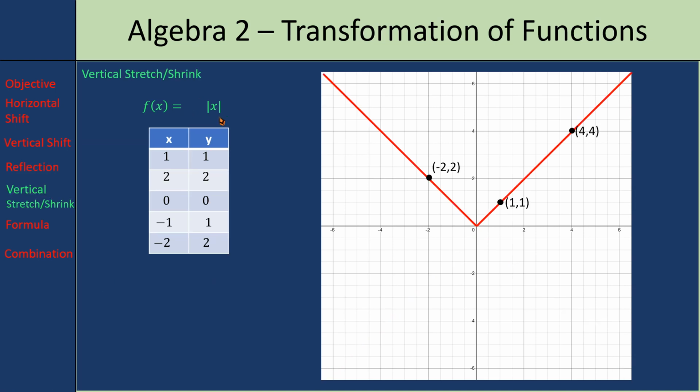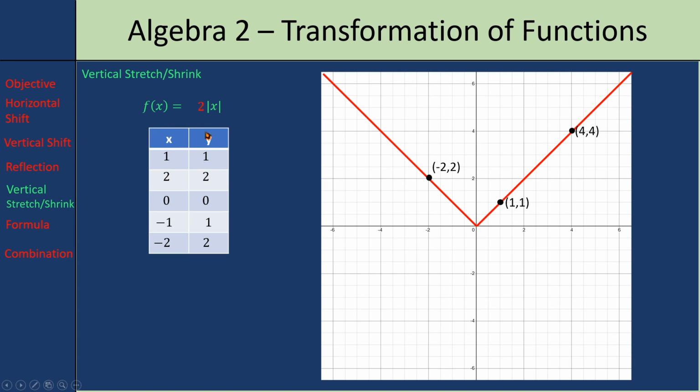Now the vertical stretch and shrink. Here again is the original graph. If I put a number in front that's not 1, like I put 2 here, imagine you put 1 in for x, you get absolute value of 1.